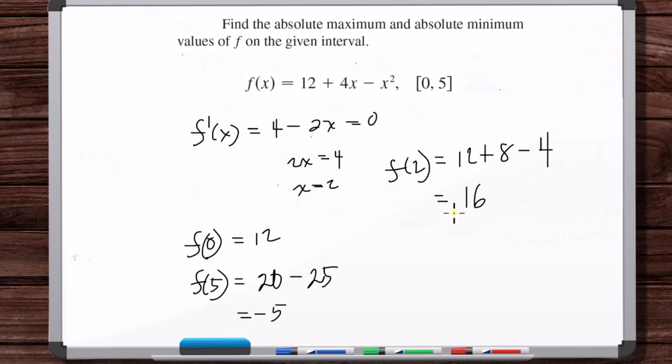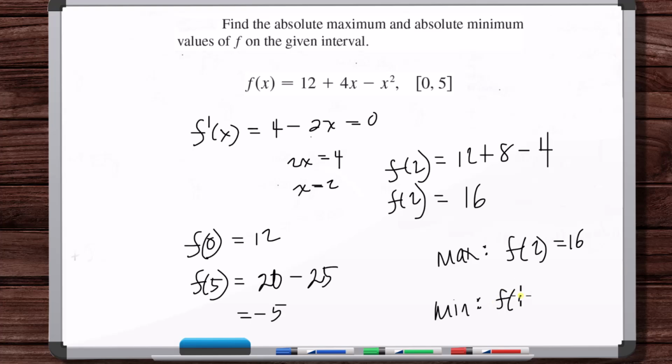So now we're looking at these values. The largest of these three values is the absolute max, so f of 2 is equal to 16, and the smallest is the absolute min. So f of 5 is equal to minus 5. No, I've got to put 12 here. This is 12 plus 20 minus 25. So 12 plus minus 5 is 7. So 7, 12, and 16, and this still is the minimum.